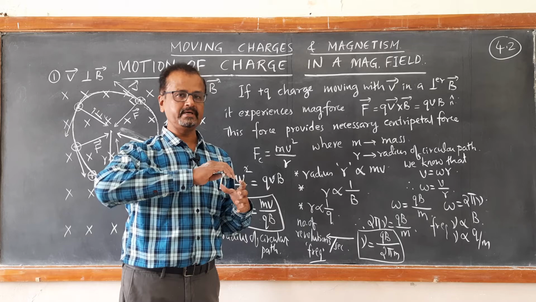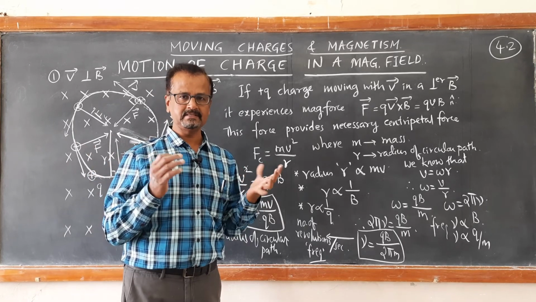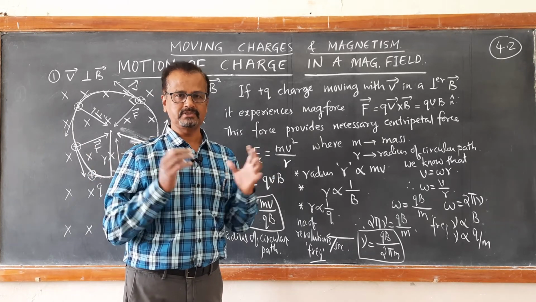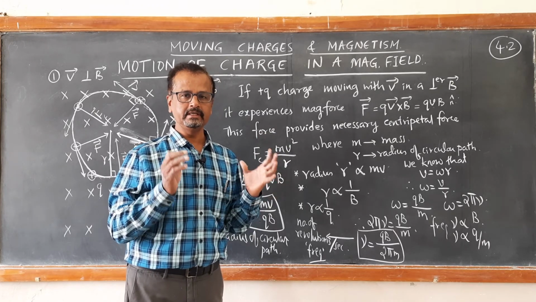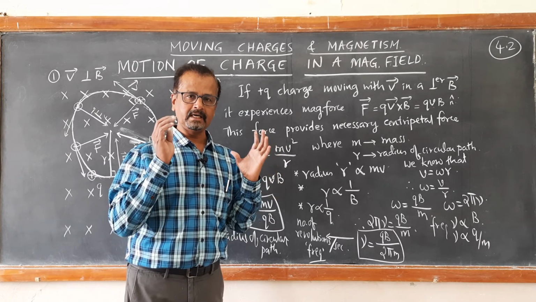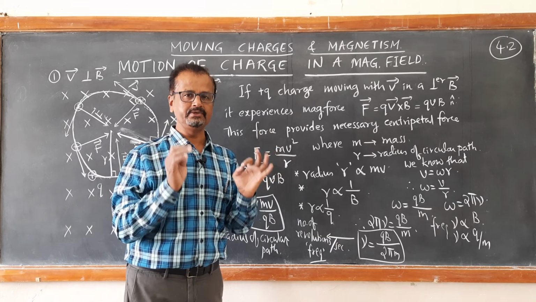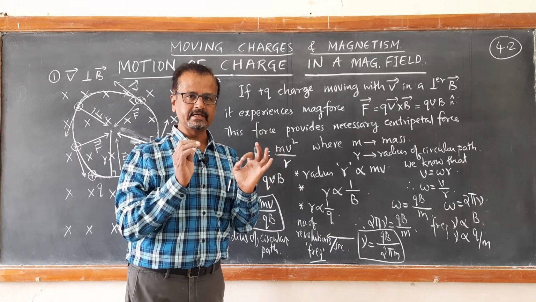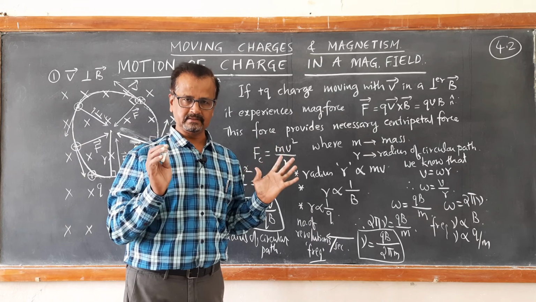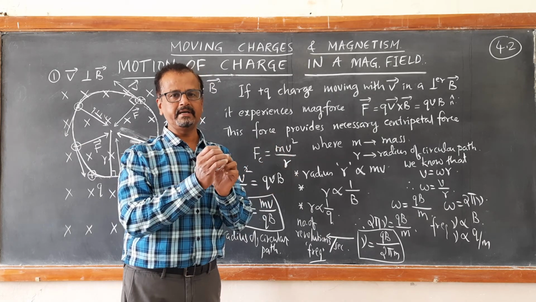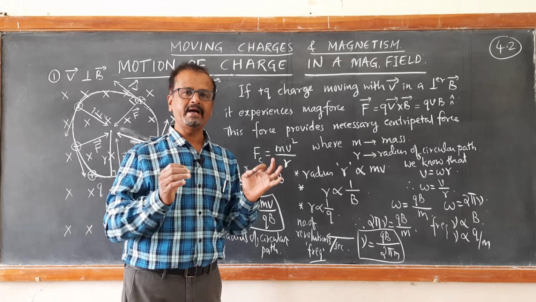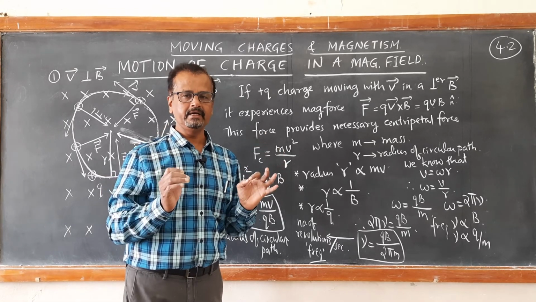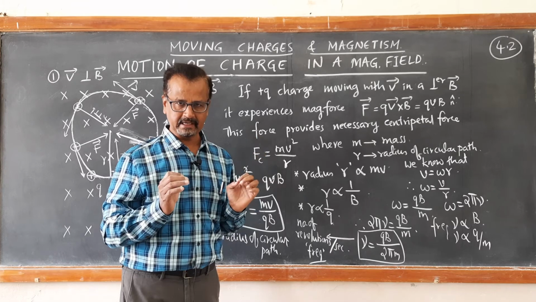When the charged particle comes out of the device called the cyclotron, it possesses maximum velocity, and thereby maximum kinetic energy.